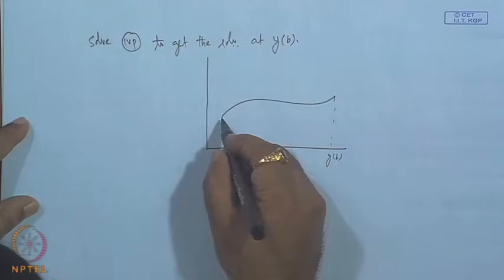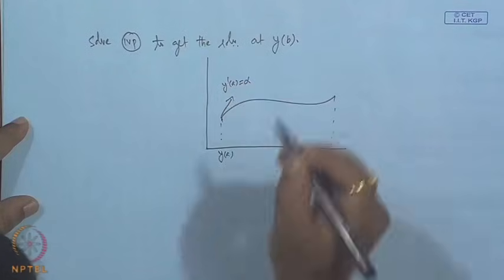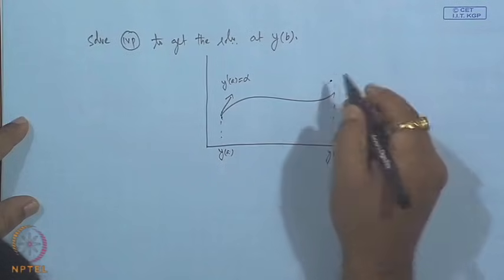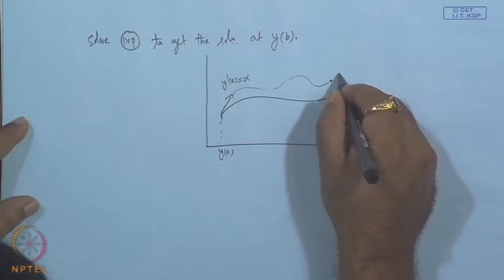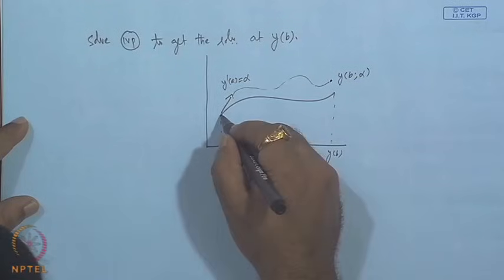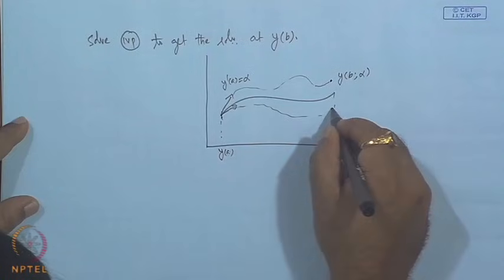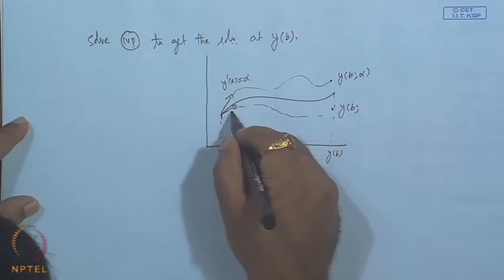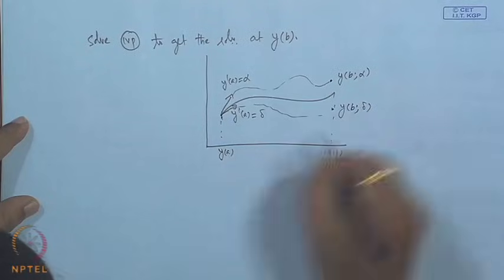Now, we have started with some y dash of a equals alpha. With this we trace a path and reach here; this is y at b with alpha. Suppose we slightly adjust the slope, and next time we reach here. This is y at b, and here y dash of a equals some delta.